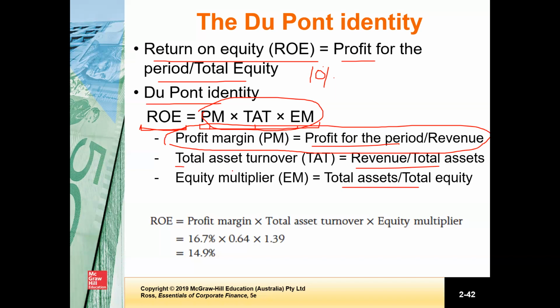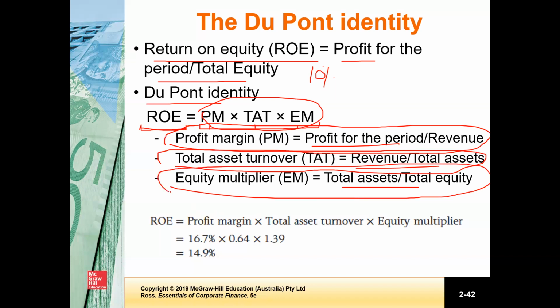Then total asset turnover, which is asset use efficiency, and then the leverage position. Okay, that means how efficient a company is in generating profit from its revenue. So how efficient you are in your cost management. Then total asset turnover is how efficient you are in your asset management. And finally, how much you are reliant on your external financing. Okay, so these three combined make up how much return on equity you generate.